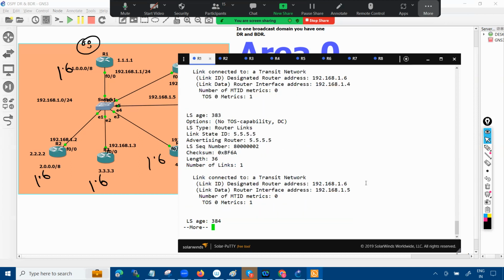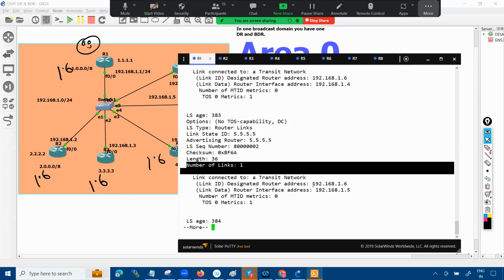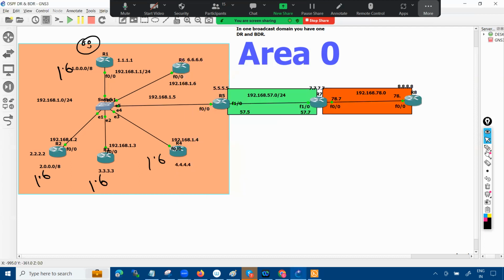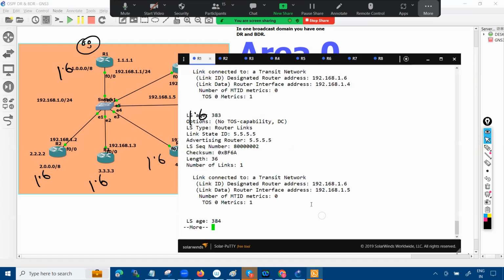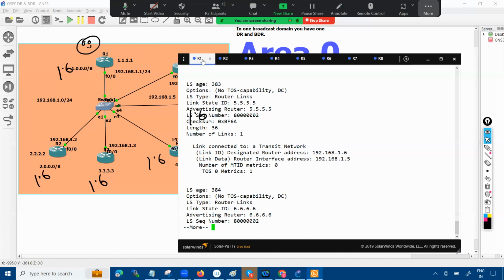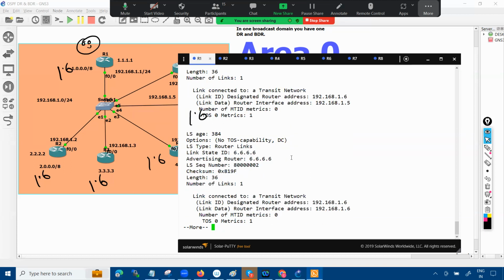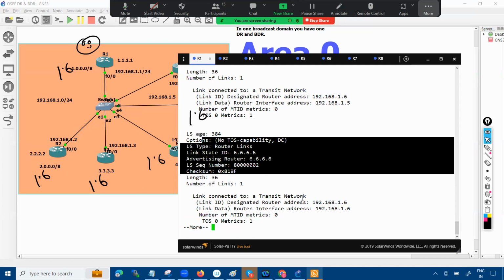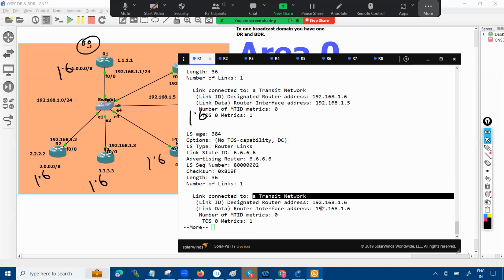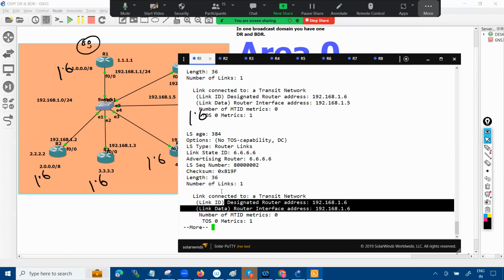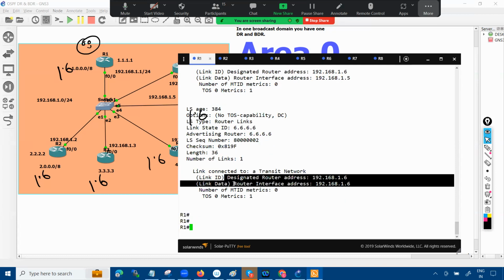R5 is also advertising one link right now, same DR. Now R6: we have one link, transit network, and 1.6 is the DR, with the same router interface and same DR IP address as well.